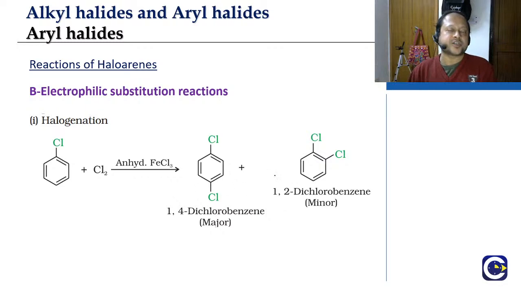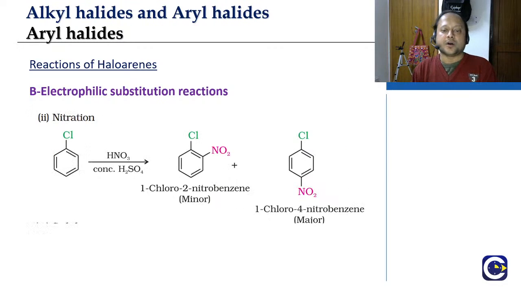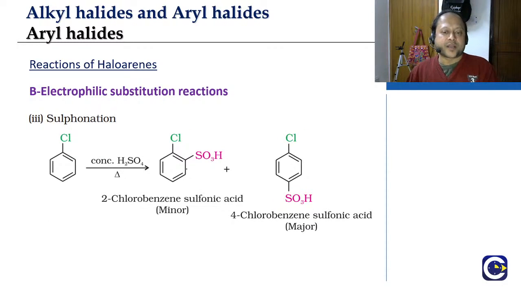If you do halogenation, you are having it at the para and ortho positions, and as we discussed, the para position is always major. Nitration is again the same thing: the para position is major and the ortho position is minor. Sulfonation, again the ortho position is minor, the para position is major.